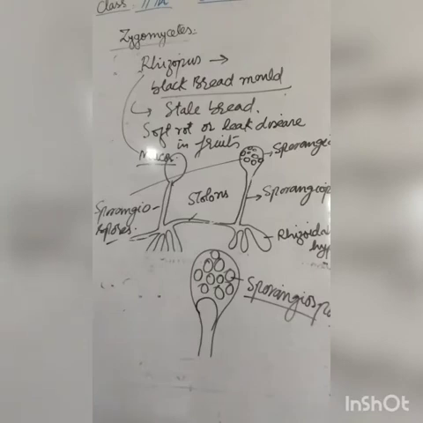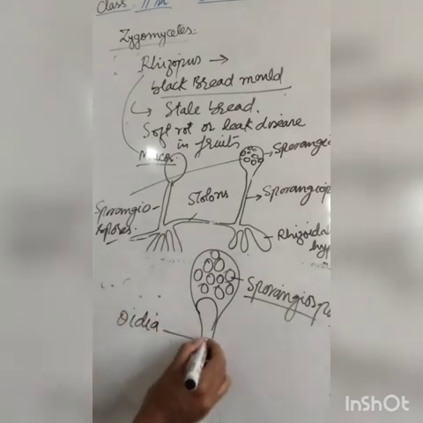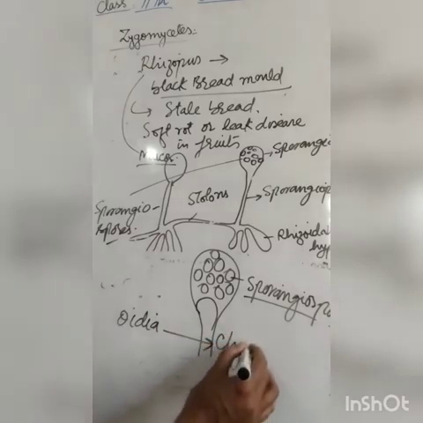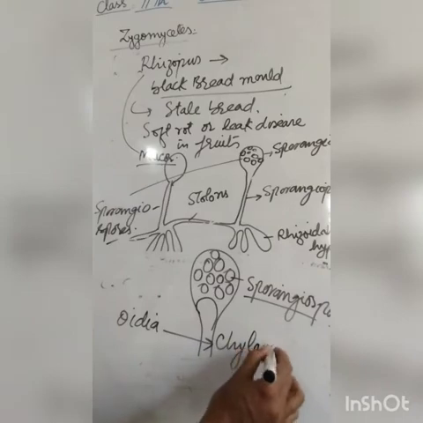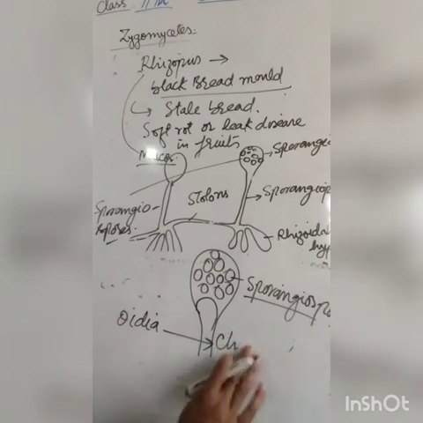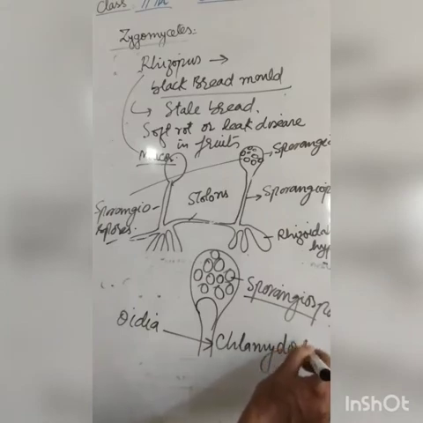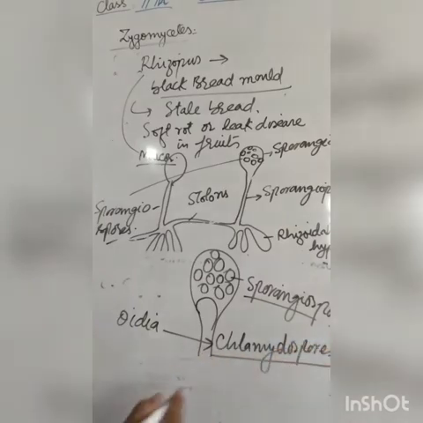Asexual reproduction occurs by these sporangiospores. It may also occur by oidia, and under unfavorable conditions by chlamydospores, which are thick-walled non-motile spores.